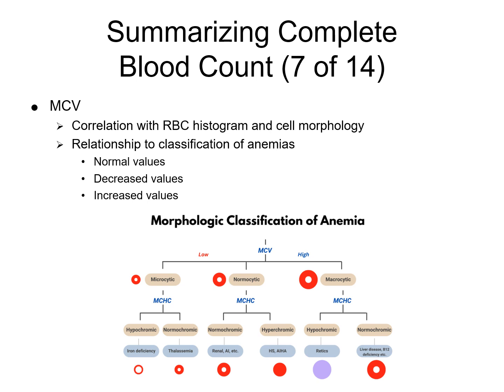We have some relationships for classification of anemias. The MCV, as mentioned before, is essential in classifying these anemias. Microcytic anemia is when the MCV is less than 80 femtoliters. Normocytic anemia is when the MCV is between 80 and 100 femtoliters, and macrocytic anemia is when the MCV is greater than 100.